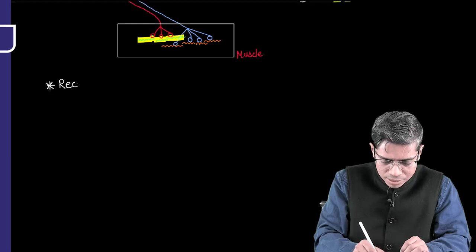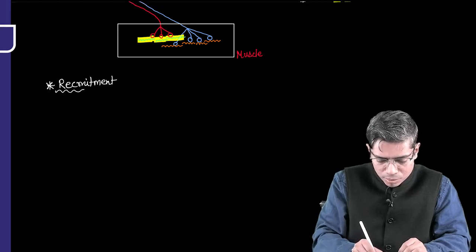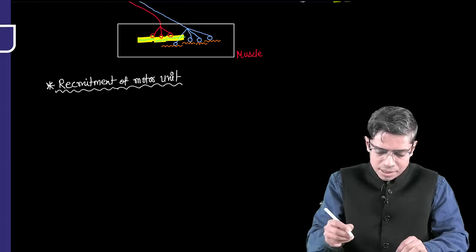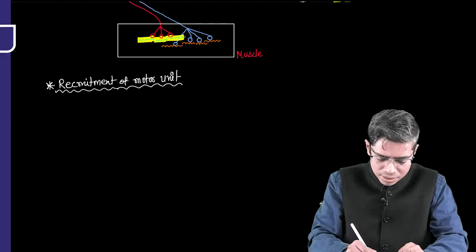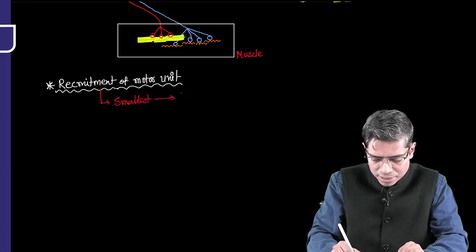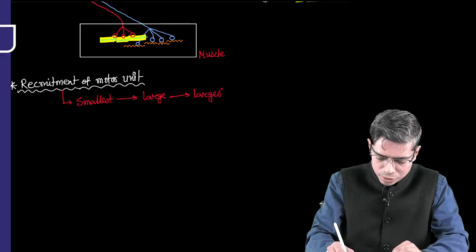So first the smallest size motor unit will be activated, followed by the large motor unit, followed by the largest motor unit.